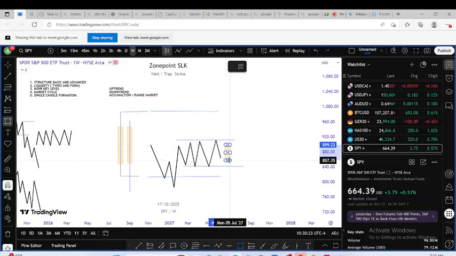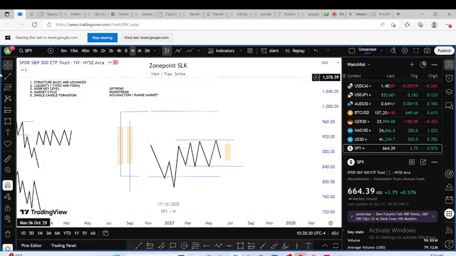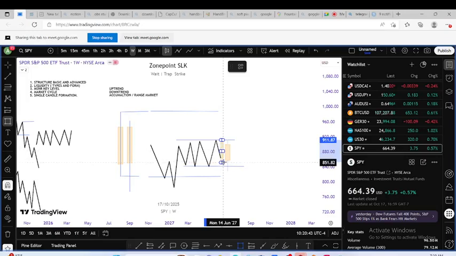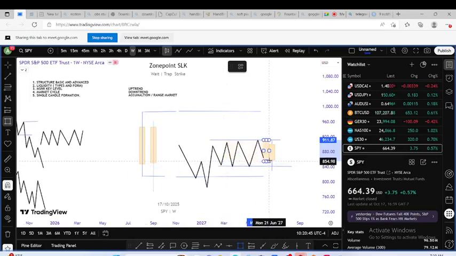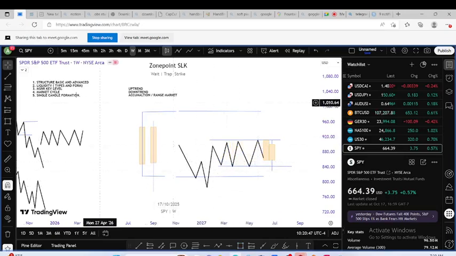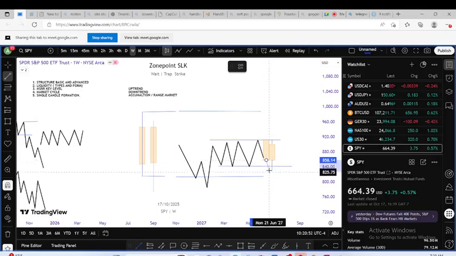So let's say Thursday candle, we have something like this, right? And Wednesday candle was like this.